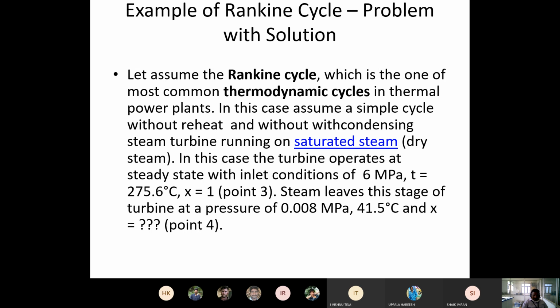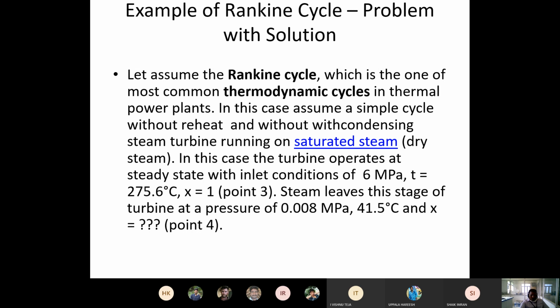And the turbine exit pressure is 0.008 megapascal. Steam leaves the stage of the turbine at a pressure of 0.008 megapascal. See, state point 4. H4 will be taken directly from the steam tables at 0.008 megapascal and 41.5 degrees centigrade.